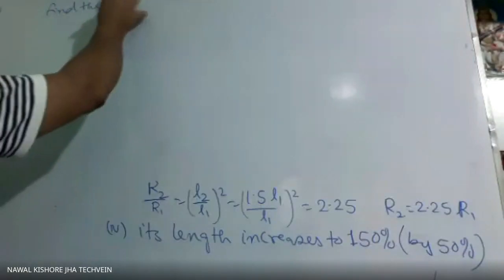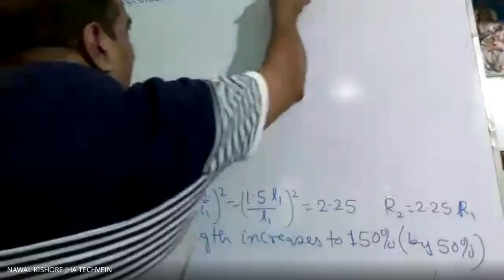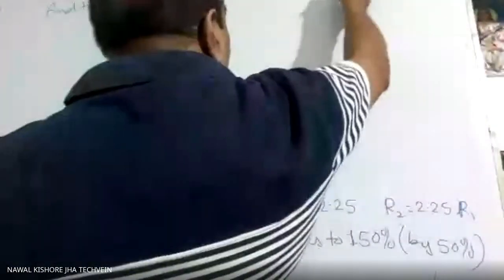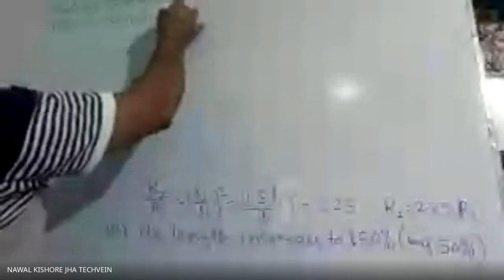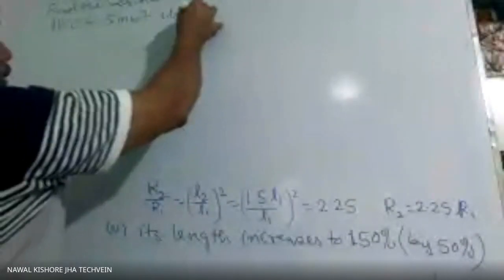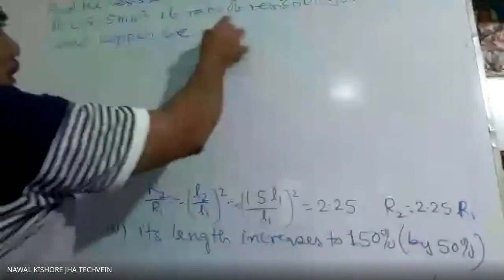Find the resistance of nichrome wire of length 2 meter, area of cross section 5 millimeter square, given, or if the ratio of resistivity of nichrome and copper be 25:2. Suppose this one is given.